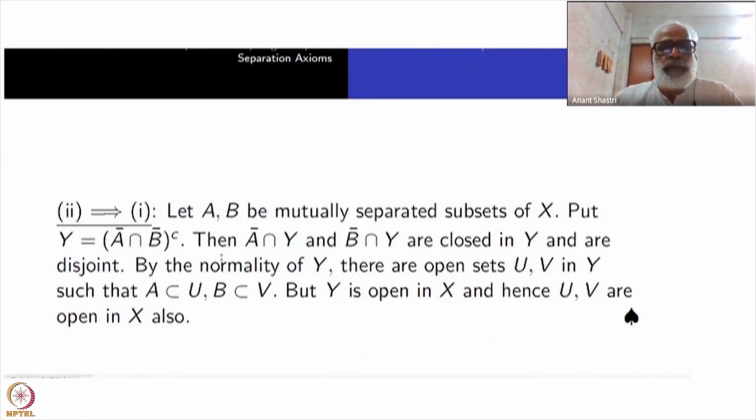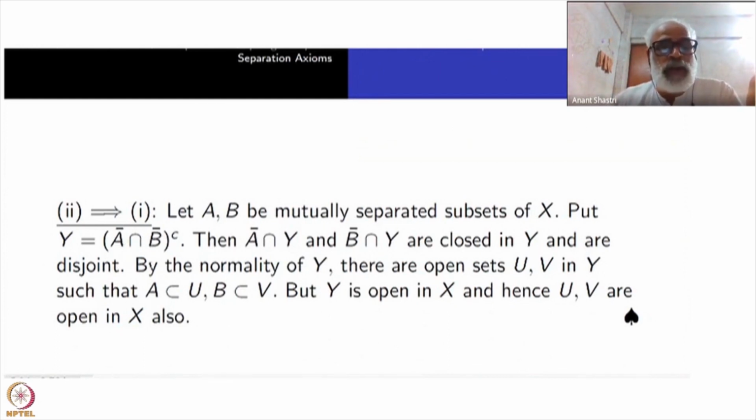So that's a subspace. Then A bar intersection Y and B bar intersection Y, they are closed subsets in Y. After all, A bar is closed inside X itself. So intersection Y will be closed inside Y. Okay, and they are disjoint now because A bar intersection Y intersection B bar intersection Y is A bar intersection B bar intersection Y, but Y is just the complement of this one, right?